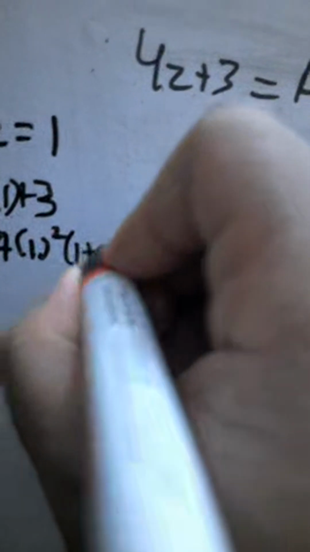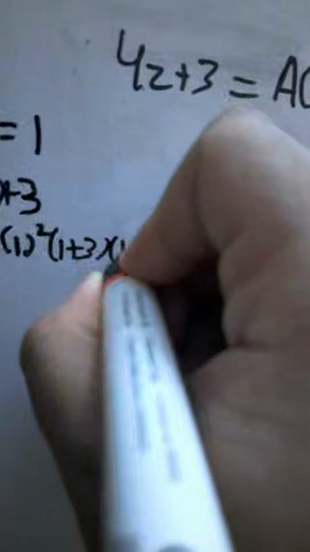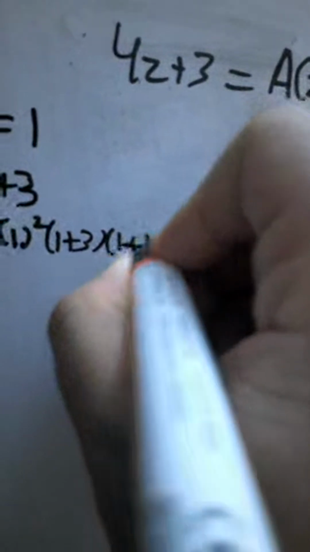So 4z3 is equal to a1 square. Let's just substitute 1 in place of z. a1 square into 1 plus 3 into 1 plus 1.